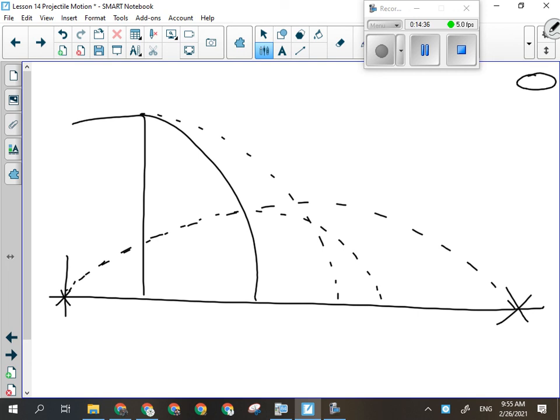The horizontal air resistance starts to play a bigger factor, slowing the object down in that dimension. If you've ever watched golf, you can tell when they hit a ball, the end of the arc is always steeper, sorry, than the initial part. Making sense there? All right.